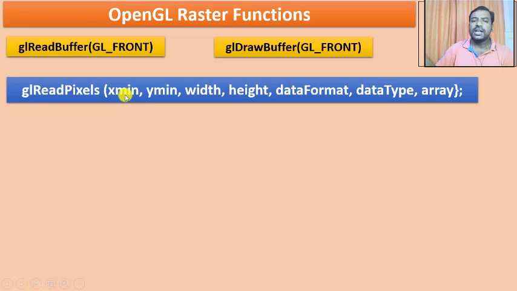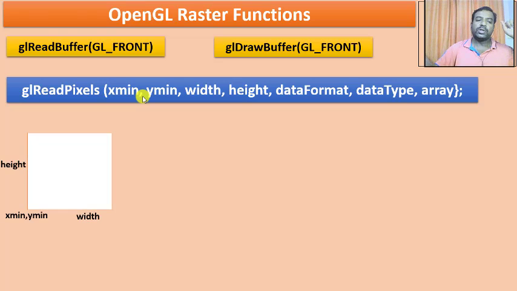Now just look at this. It takes two parameters as the left bottom corner of the block you are going to create, that is xmin and ymin, the bottom left corner of the block I want to create in the entire display.